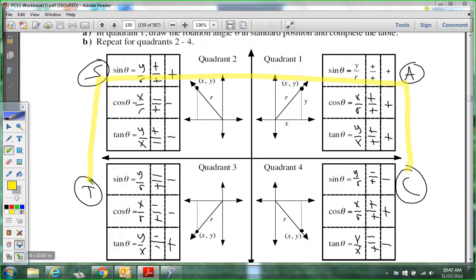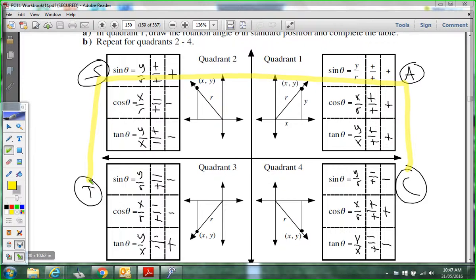Okay, so if I said cosine of 240, is that positive or negative? You should be able to tell me without needing a calculator or anything. What I mean by that is cosine 240, what quadrant am I in? 3.